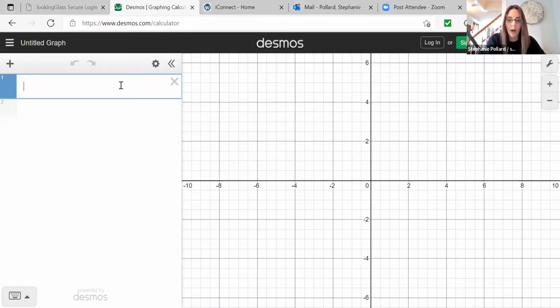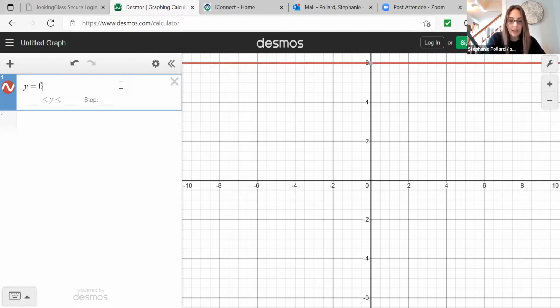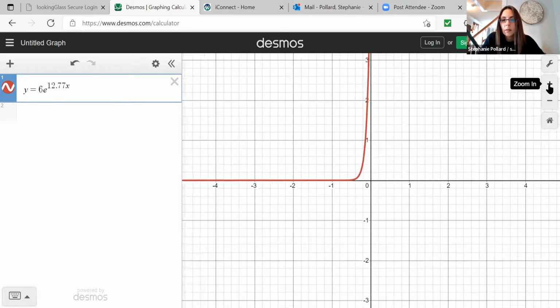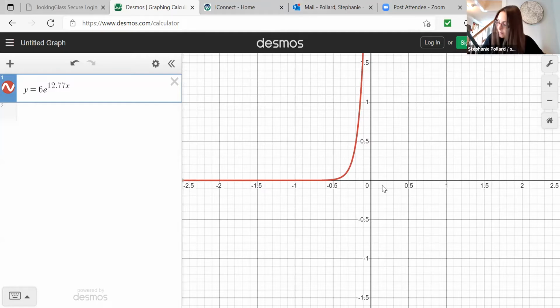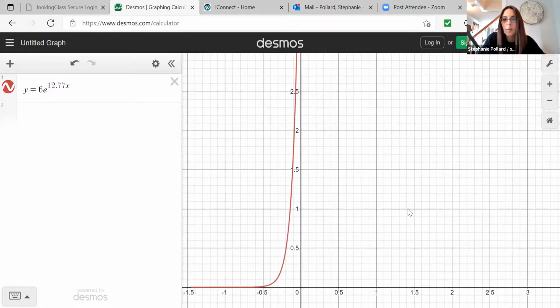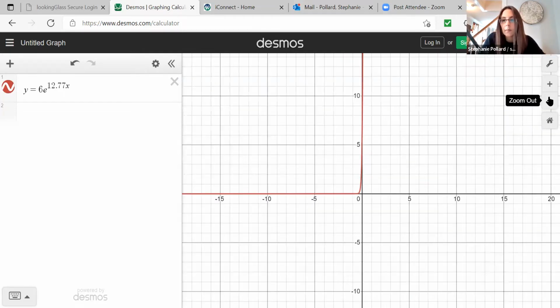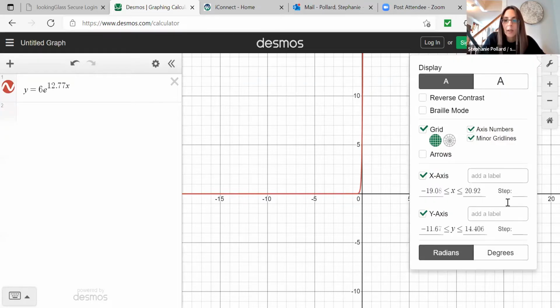I'm just going to use y equals 6e to the 12.77x. And then you can see your graph here. I'm going to zoom in a little bit. Oh, maybe I zoomed in too much. I'm going to put in my own values. I think that'll be a little bit easier for us to see everything.